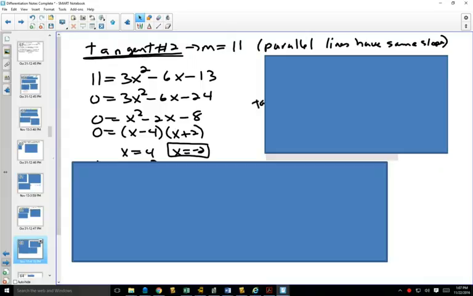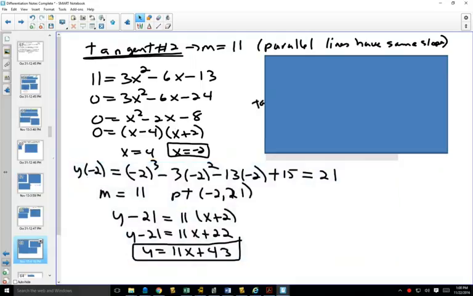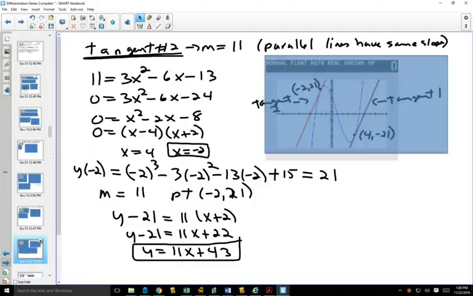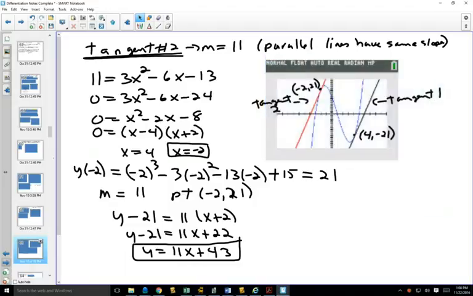But when we move it over, make it equal to 0, and factor and solve, we find out that the other answer is negative 2. Plug negative 2 into our original equation, and we get the point (negative 2, 21). And then we can find the equation of our tangent line for that second one.